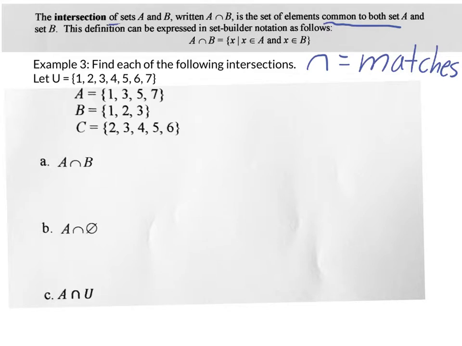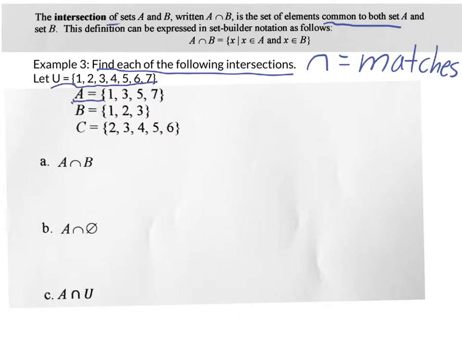That's the intersection. Looking at some examples, example 3 wants us to find each of the following intersections. They have U equals. Remember, when it's U equals, that means the universal set. So the universal set, or all the possible answers by the end of the question, are the numbers 1 through 7.